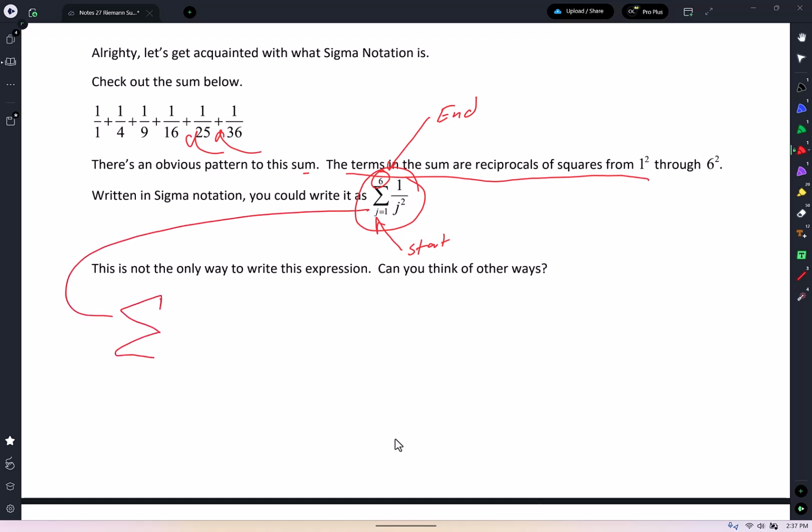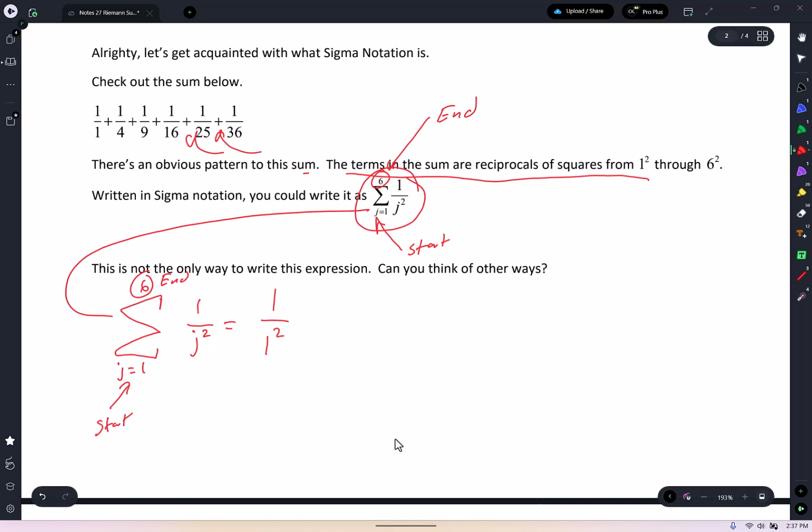So sigma, this is called a sigma. j equals 1 to 6. Remember, that's a start, and this is the end. Of 1 over j squared. Well, that means this: 1 over 1 squared, that's j equals 1, plus 1 over 2 squared, that's j equals 2.